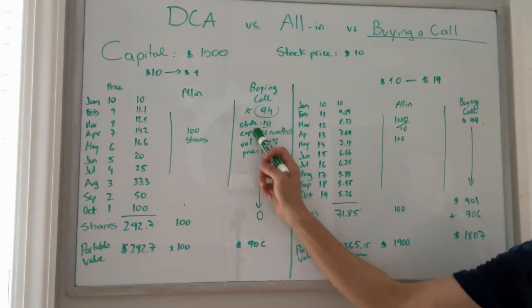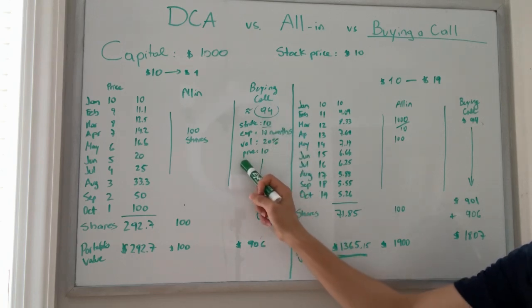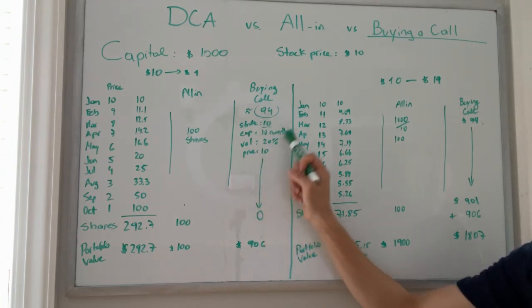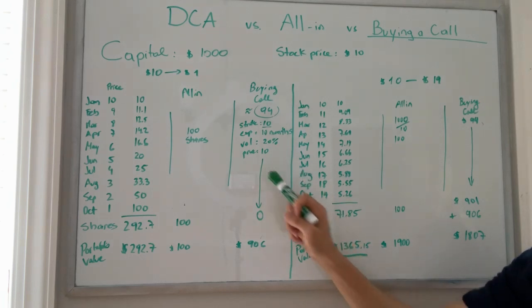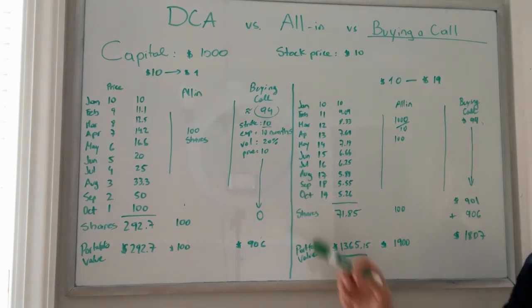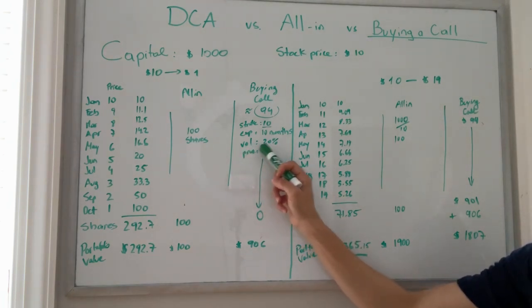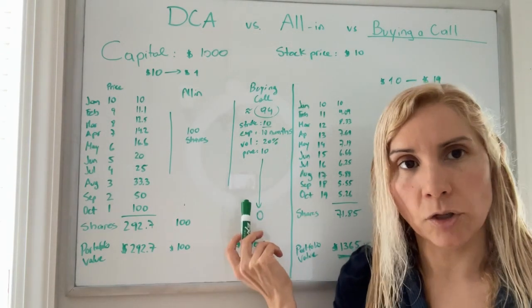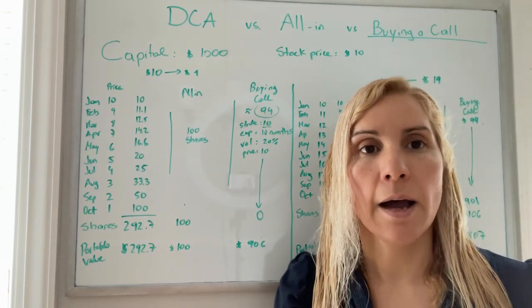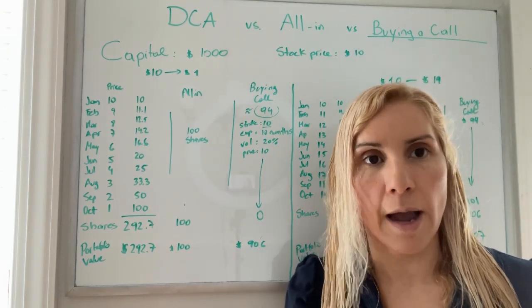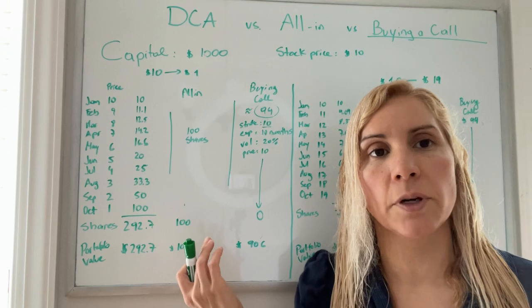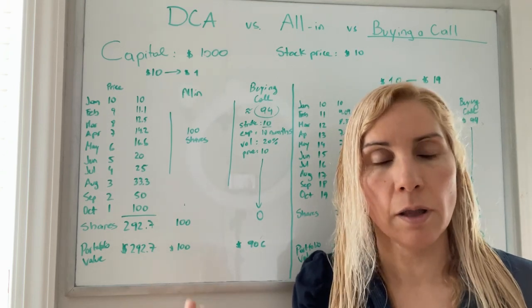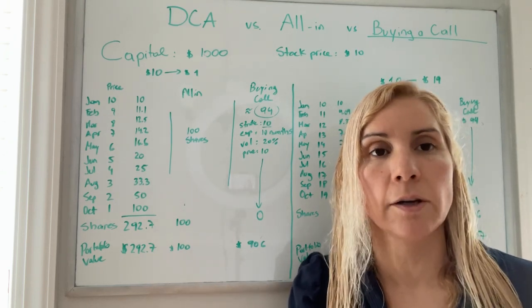That means that the strike price is going to be $10. Let's remember that the price of the shares at the beginning was $10. And the volatility for that call is going to be approximately 20%. Now, all of these factors that I'm mentioning here, you can easily just go online and plug all these numbers into a Black-Scholes model calculator that you can find online.